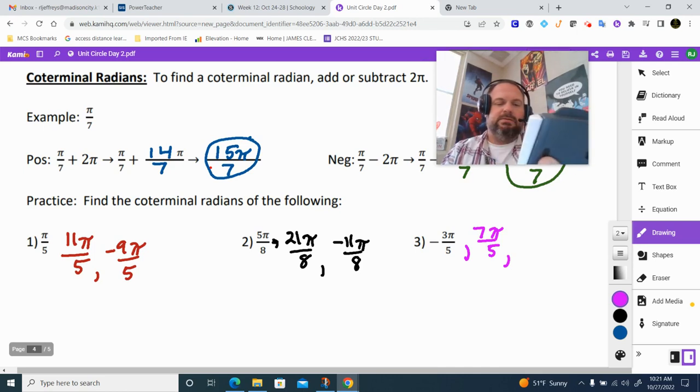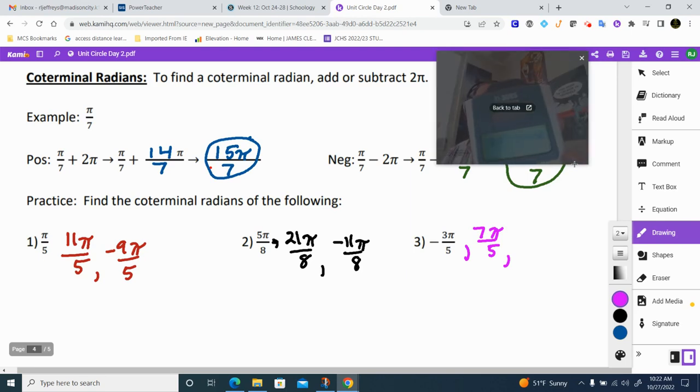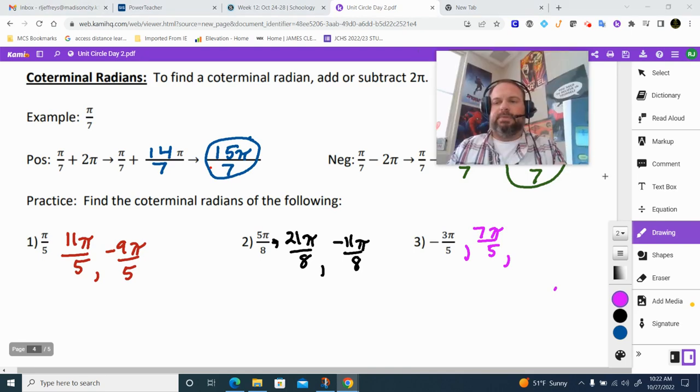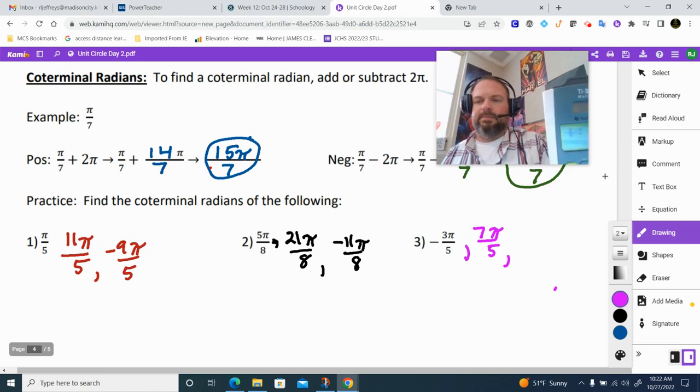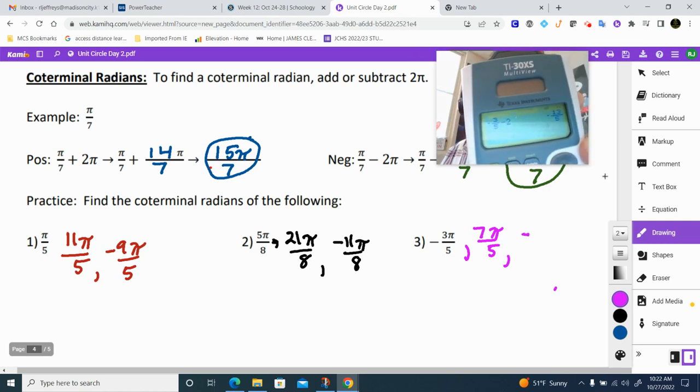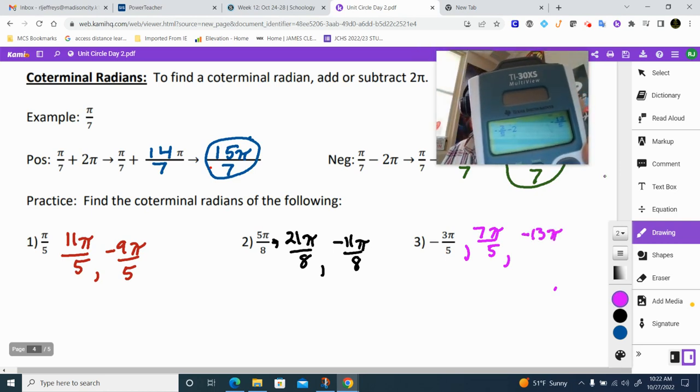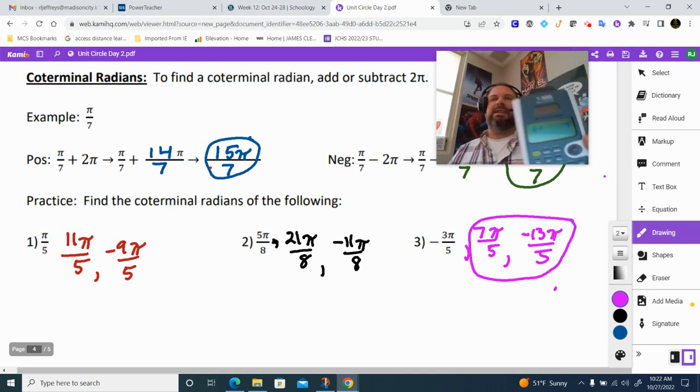Negative 3 over 5 minus 2. Negative 13 pi over 5.